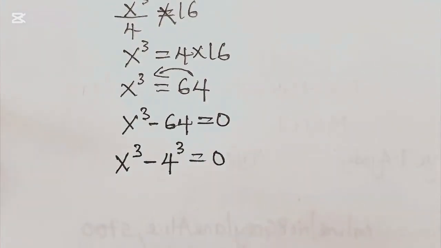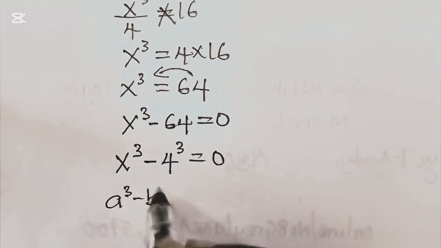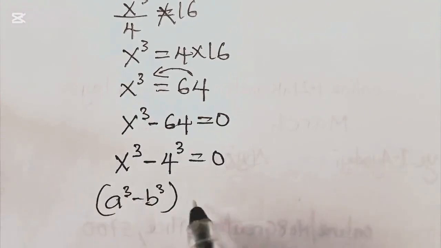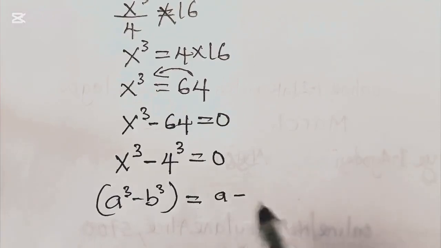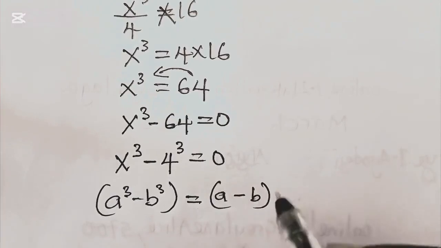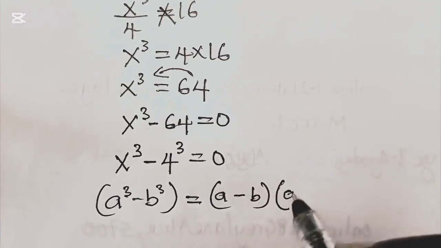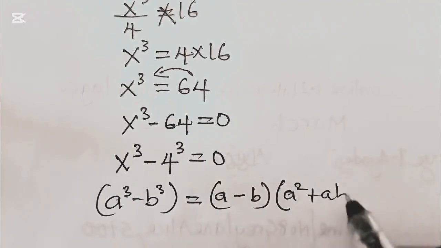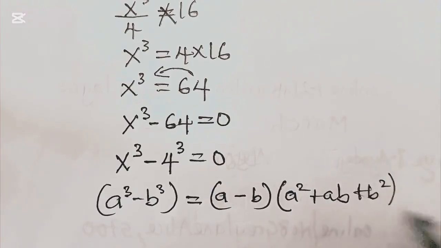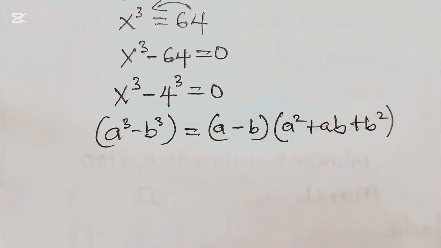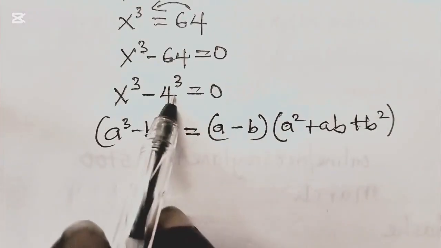This is difference of two cubes. So recall, if you have a raised to the power of 3 minus b raised to the power of 3, it gives us a minus b into a squared plus ab plus b squared. So from here, we apply this.